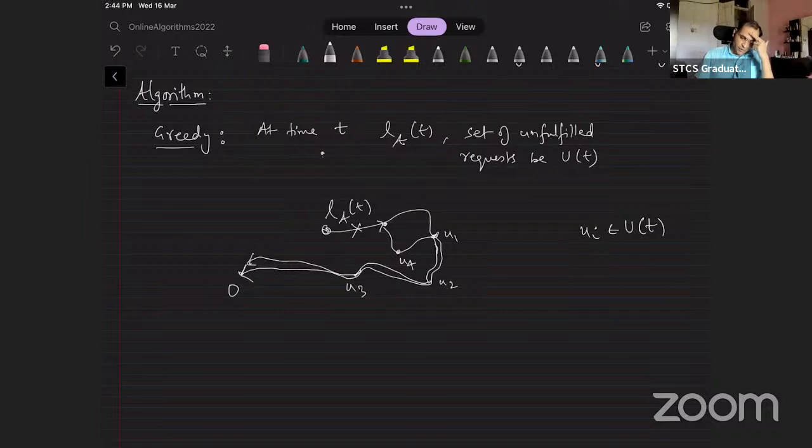But I want to understand, what do people think about this algorithm? Either give a positive result or a negative result, saying here is the competitive ratio, or at least guess what it should be, or give a bad input for which this algorithm can be forced to have a larger competitive ratio than 2.